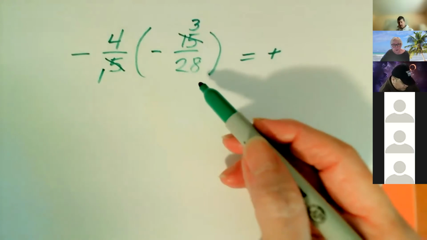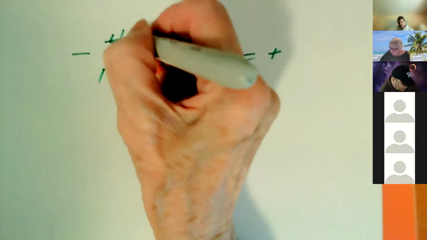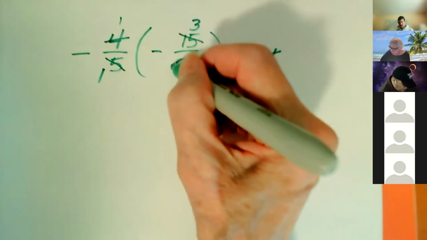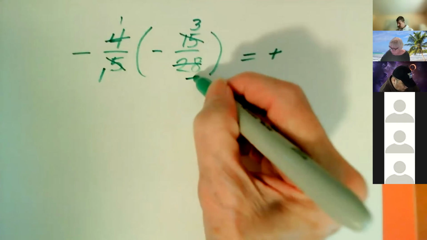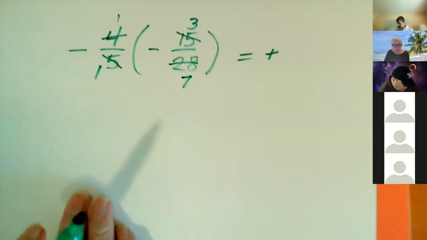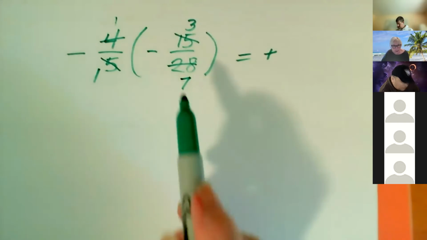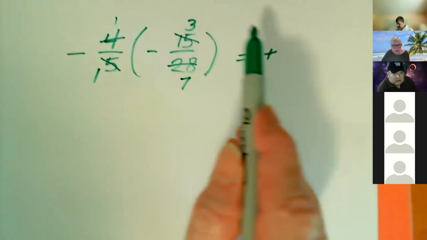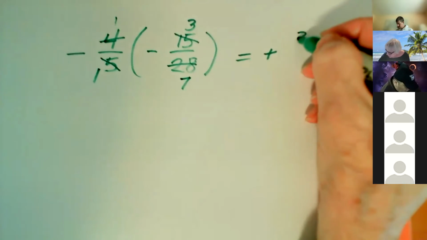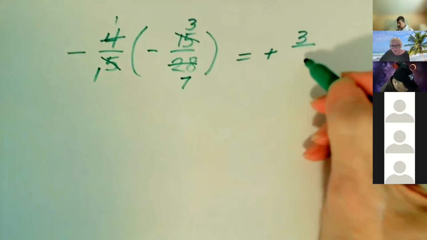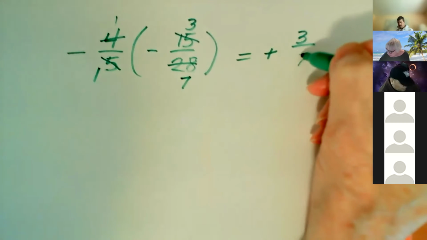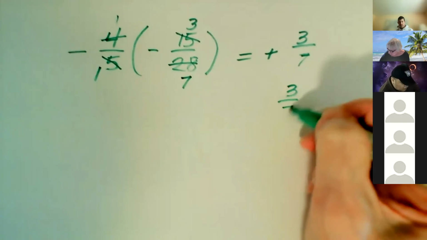The 4 and the 28 reduce: 4 into 4 once, 4 into 28 seven times. The two negatives make positive, we already established that. So 1 times 3 is 3. 1 times 7 is 7. And so when you put that answer in, you would probably just do that.